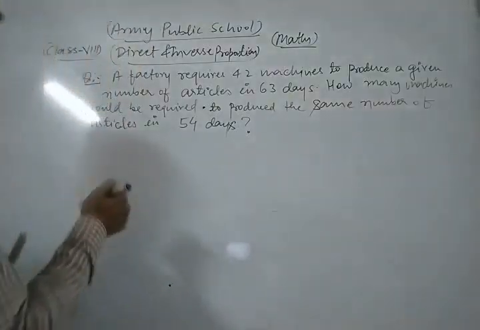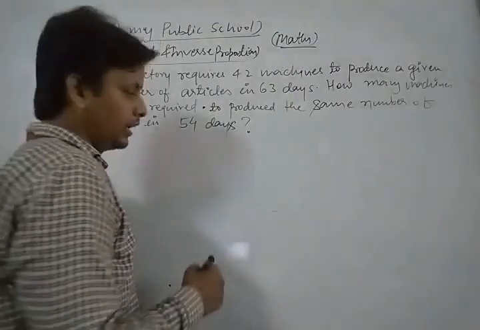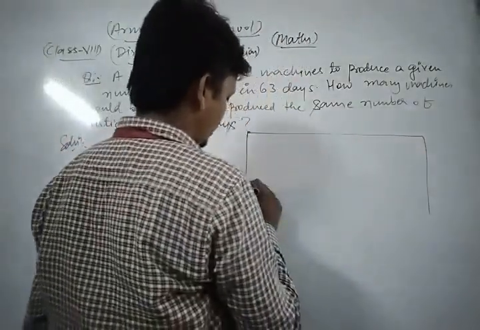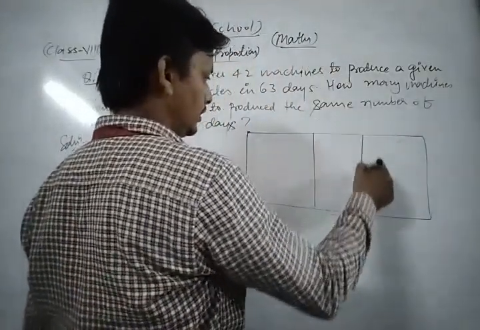So look, first of all, we prepare a tabulation, and after that we simplify the question. We prepare a tabulation like that.